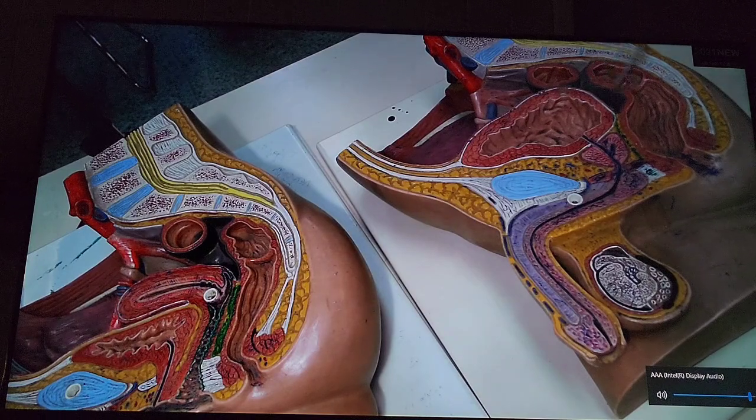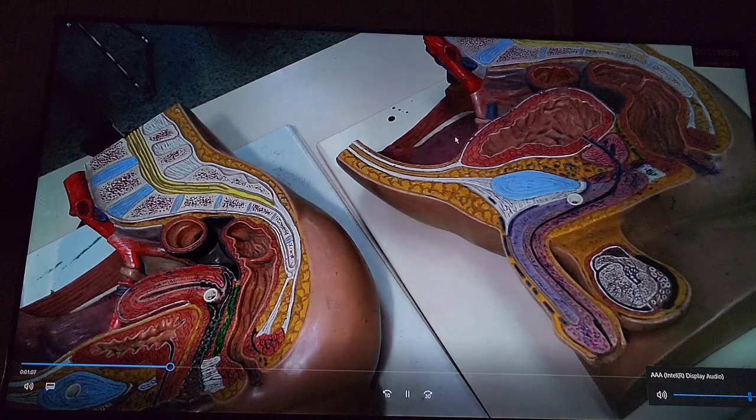After descending, this peritoneum passes toward the posterior aspect of the urinary bladder. Here we can see it covers the vas deferens and the seminal duct.